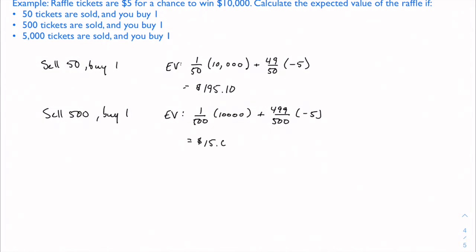So the risk is still smaller than the reward, but it's a much smaller reward theoretically, because my odds of winning are much lower. If we were to consider my odds of winning here, this is 0.02. This would be 0.002.